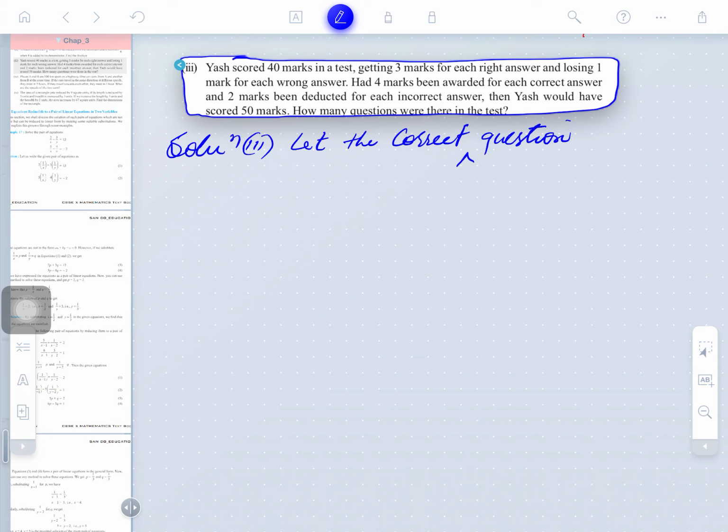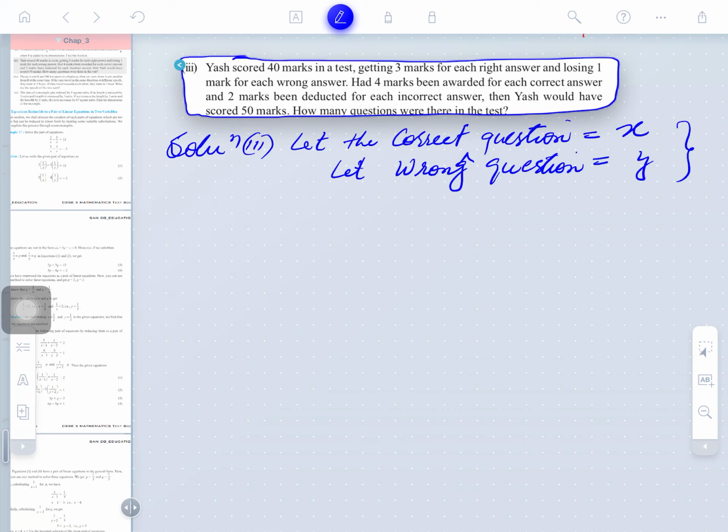Let the number of questions done correctly by Yes be x. And the wrong questions, they are y. So the total questions are x and y all together.